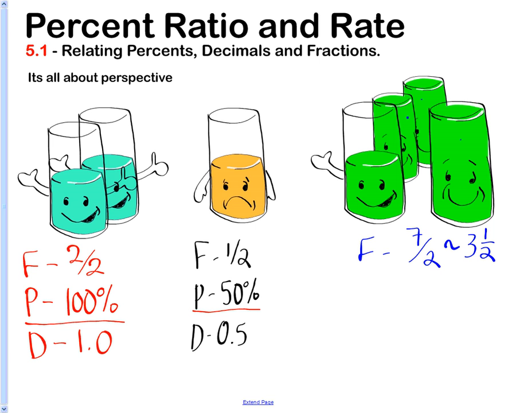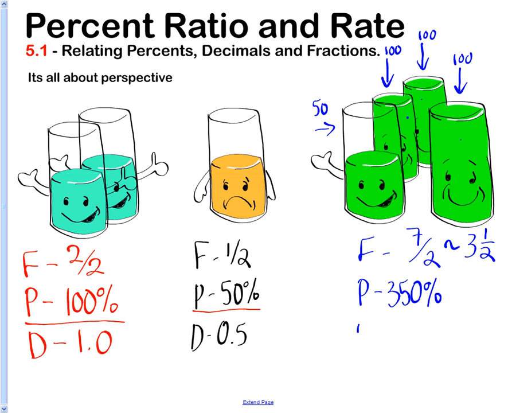If we were to represent that as a percentage, we know that we have 100%, 100%, 100%, and 50%. So if we have 100, 100, 100, and 50, we would have 350% of one glass of green juice.